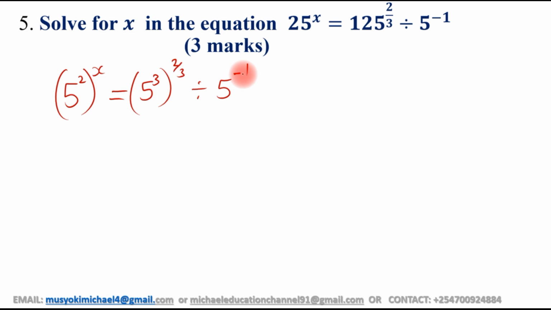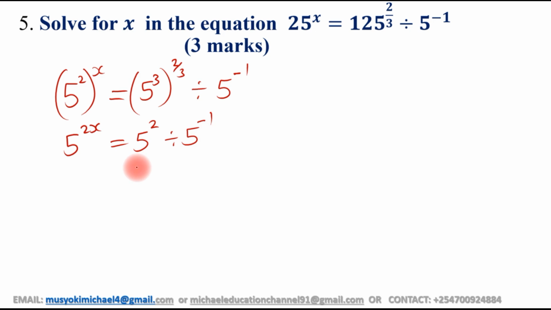Now, we are going to open the bracket for the exponents. So this will be 5 raised to 2x is equal to, now the exponent 3 times 2 thirds, we get 5 raised to 2, divided by 5 raised to minus 1. We need to apply the rule of division of exponents with the same base.